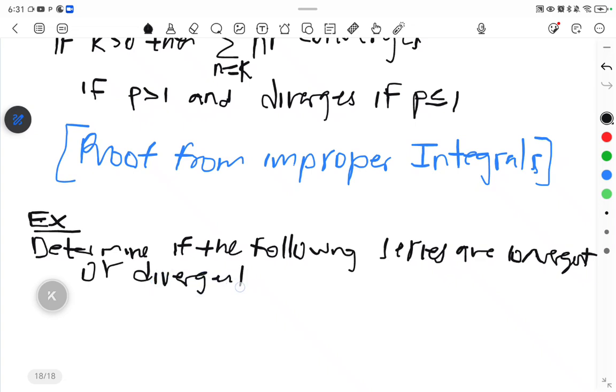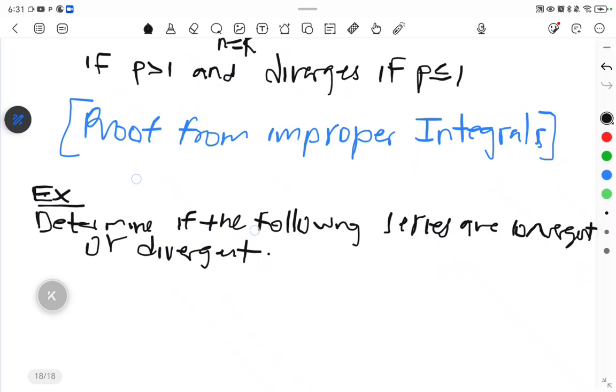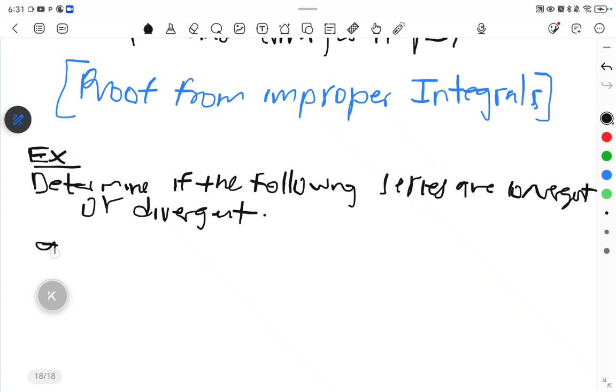Let's say, right. And then we have A, the summation from n equals 4 to infinity of 1 over n to the 7.